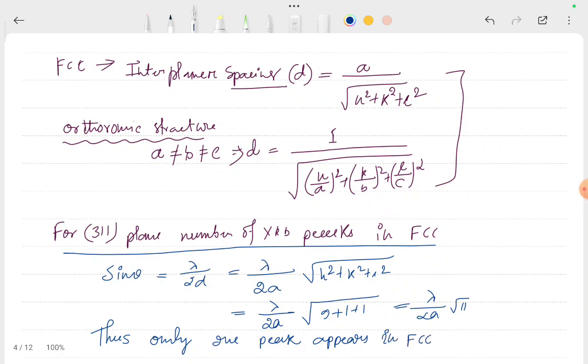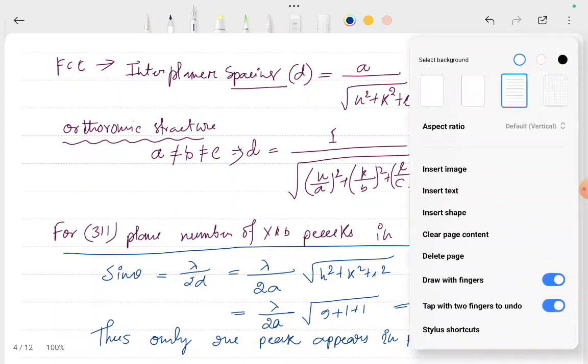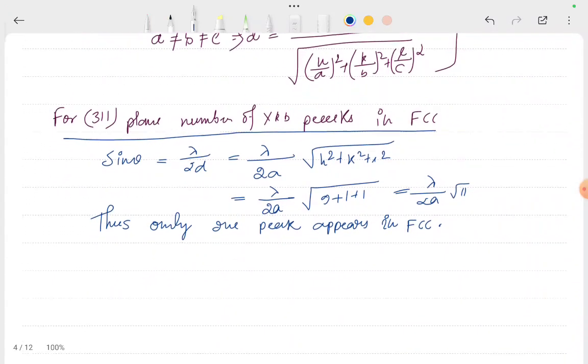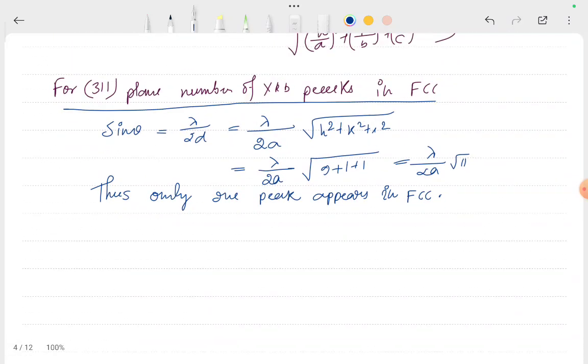In FCC, okay, this is fine. Now we can calculate for orthorhombic crystals.